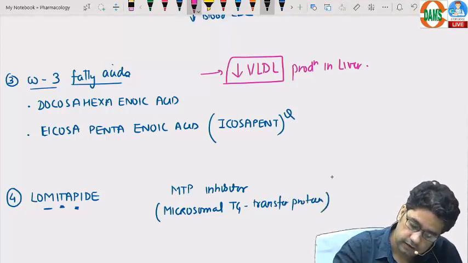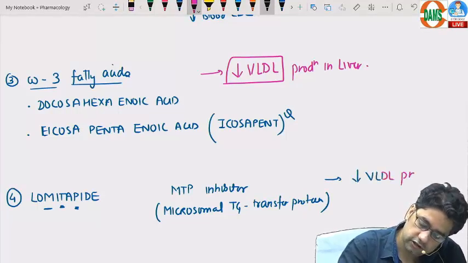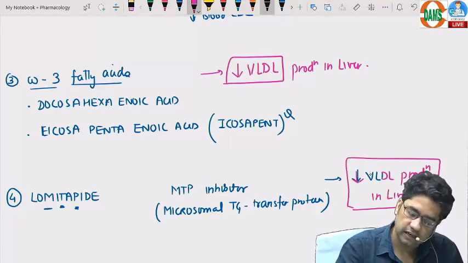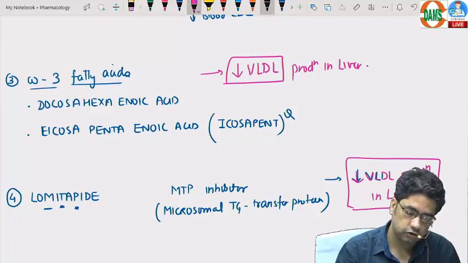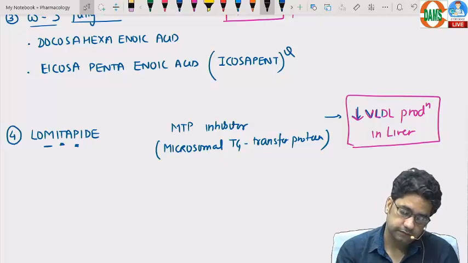Same, decreases VLDL production in liver. This protein is required for VLDL production. You will learn in biochemistry.